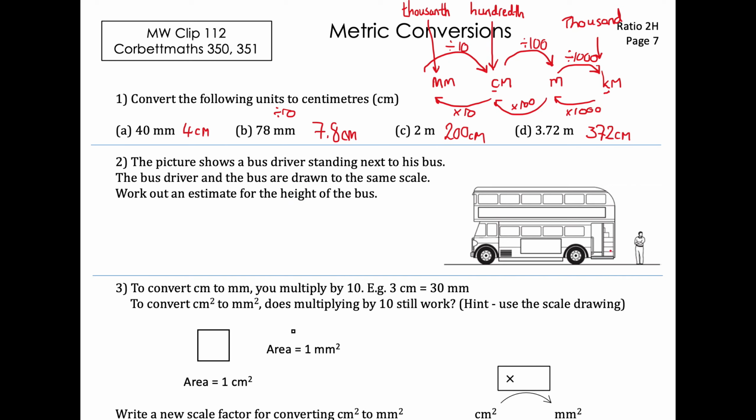Now for this we need to know how tall the average person is, and if we're dealing with an adult, which I assume this person is because they drive a bus, then let's assume they're the average height. They will let you have a range of things for this, I think ranging from 1.5 metres to 2 metres, but let me tell you, if you're 2 metres tall, you're very tall.